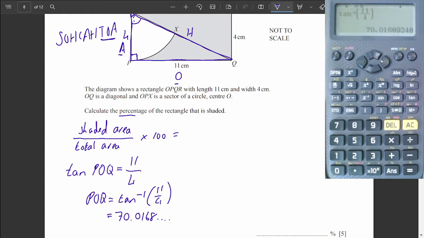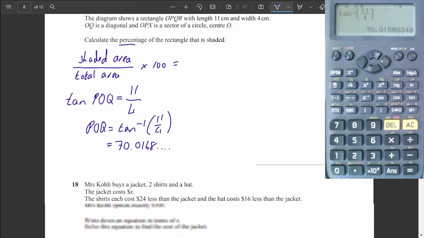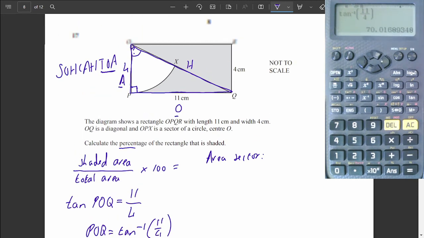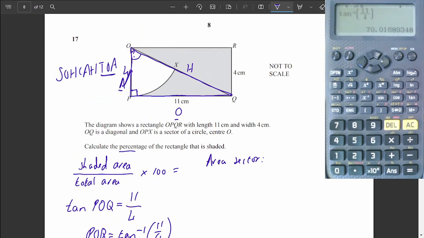Now we can start by working out the area of the sector. So let's do that. Area of the sector. Now if you remember correctly, working out the area of a sector is the same as working out the area of a circle. So we have this is 4.